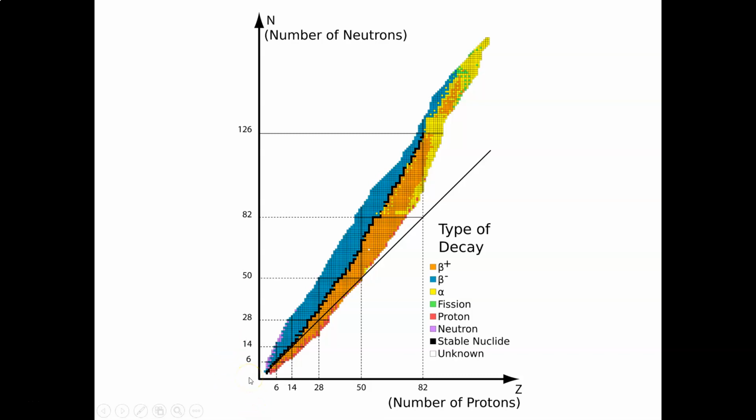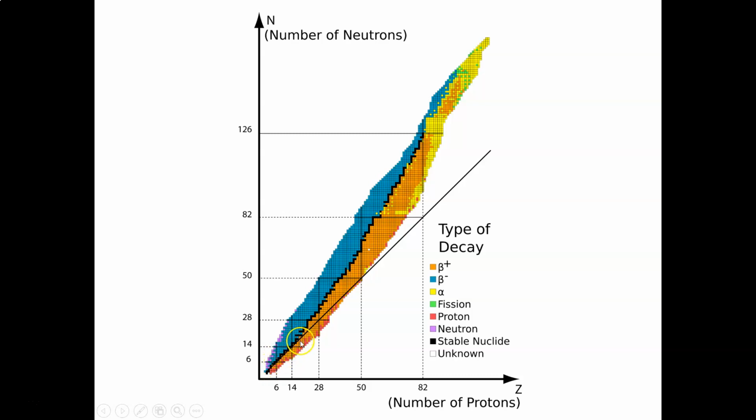The few neutrons are enough to keep the few protons apart. But as we get more and more protons, that repulsive force, that electrostatic force, starts to gain traction. So we actually need to add more and more neutrons, and that's what this black stair step is. This black stair step represents the isotopes that are not radioactive for the different elements.